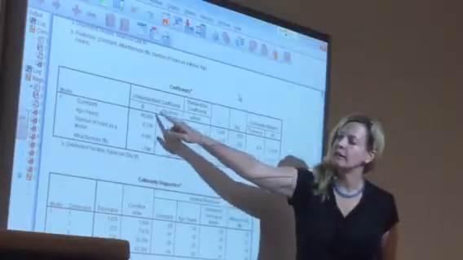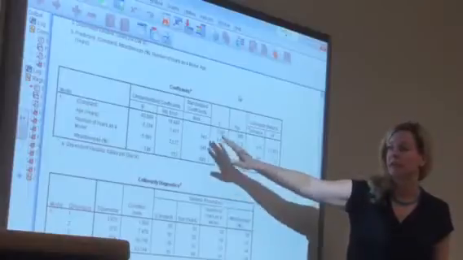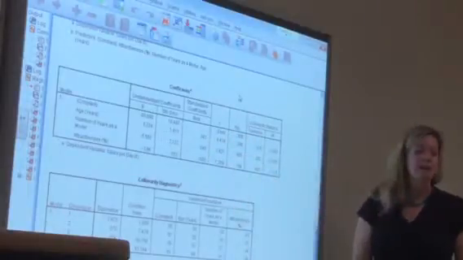Okay, so let's look at the coefficients. This is where we can start to get an indication of which variable is getting the most credit for explaining that 18.4%. So we have to keep remembering, you can interpret the unstandardized coefficients, we're looking at the B there, or you can interpret the standardized coefficients, beta, and it doesn't matter because they're going to give you the same relative information.